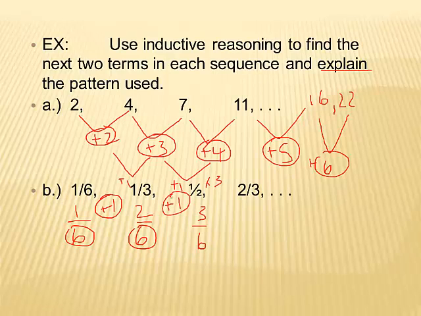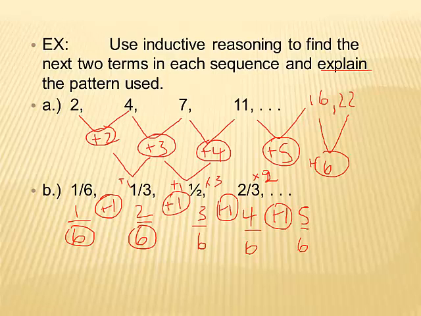And if that's the case, then I can continue it. Let's see if it actually holds true for this one. So I'm going to multiply the top and bottom by 2. So I get 4/6. And again, my pattern holds true. I'm adding 1 to the numerator. So I'm going to do the exact same thing. Add 1 to the numerator, I get 5/6.